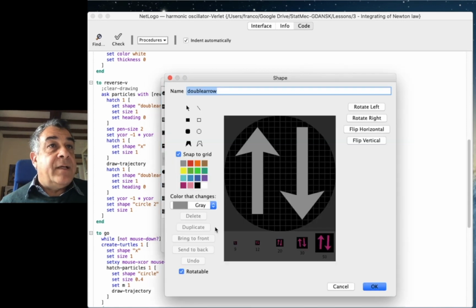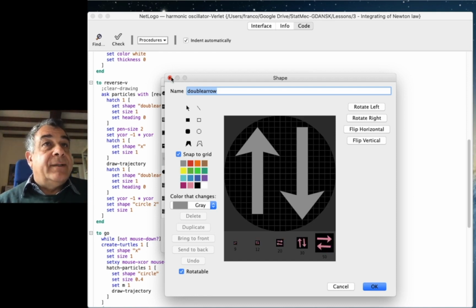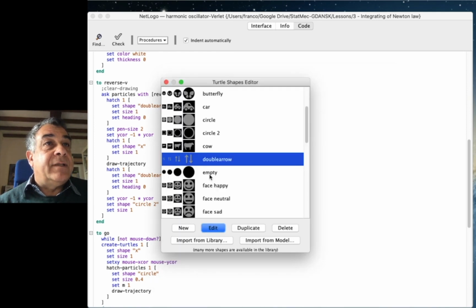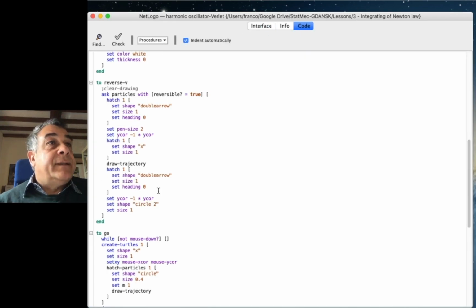So I used this editor in order to draw a new shape, which is just for, say, marking with something sensible on the drawing, and this is my mark. And clearly I set a certain size, I set a certain heading so that it stays vertical. I could have chosen another orientation.